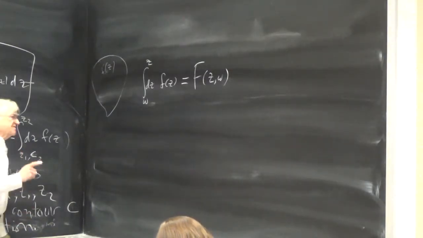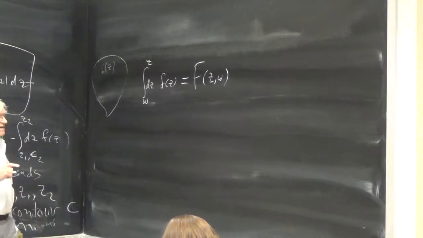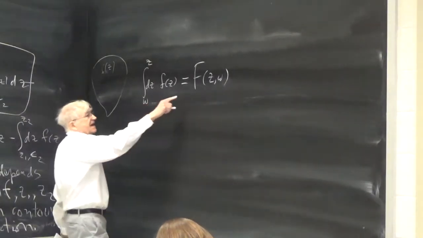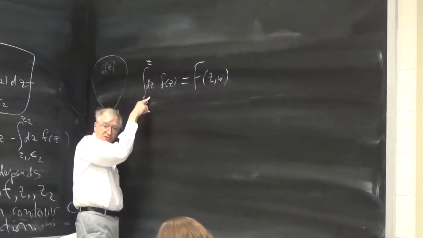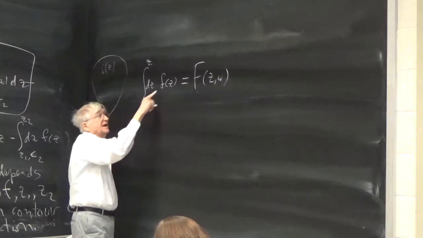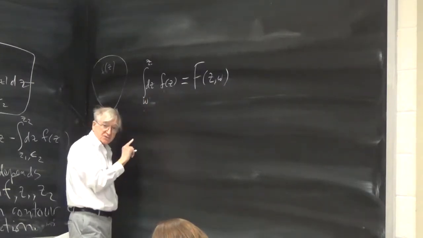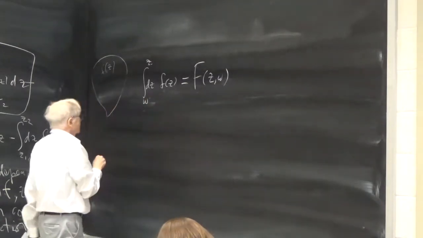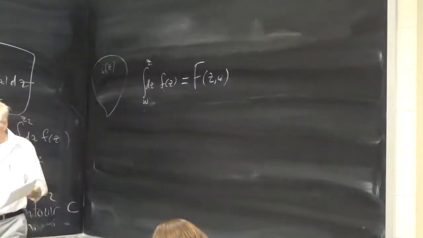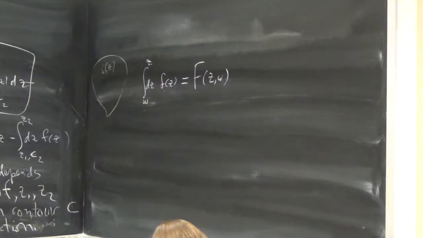Now, the first thing to say is what we just learned, that F is independent of the contour. It depends upon z and w and f, but not upon the contour. As long as the contour, of course, stays in the region of analyticity of the function f, and we assume that region has no holes.